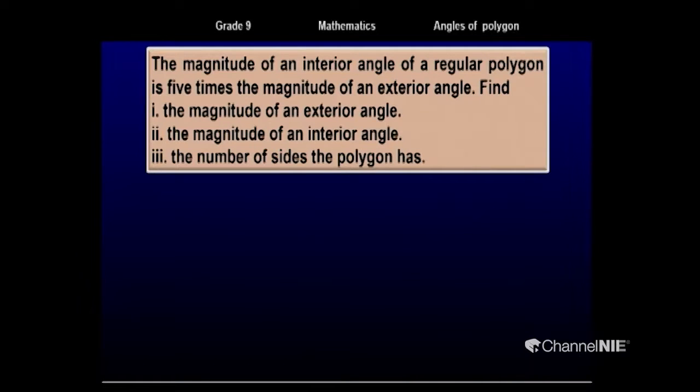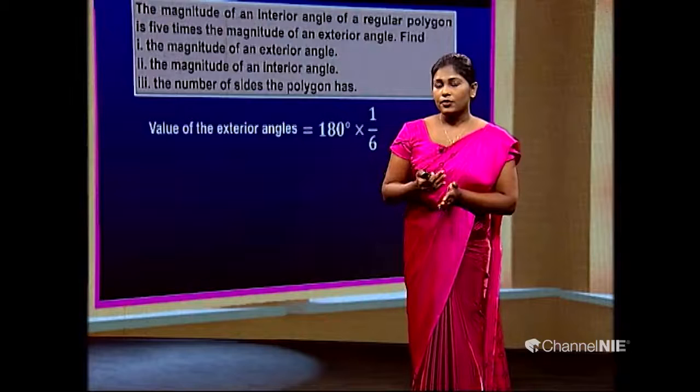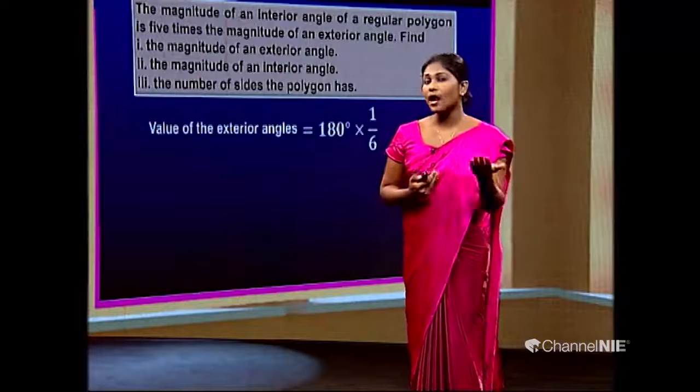They are the relationship between the interior angles and exterior angles. What is the relationship? When we consider one part as the exterior angle, 5 times that equals the interior angle. When we take them together, there are 6 parts. We know 180 is the sum of the interior and exterior angle at a vertex.